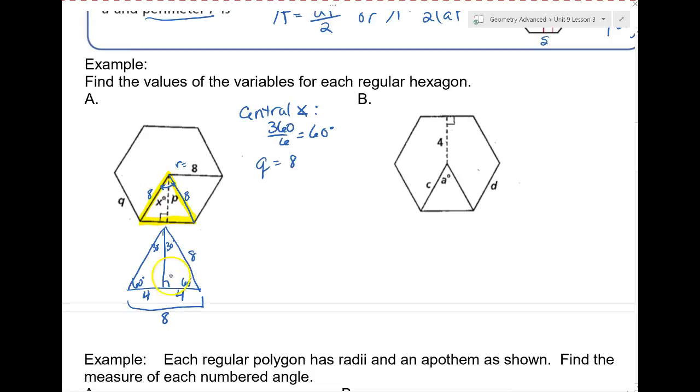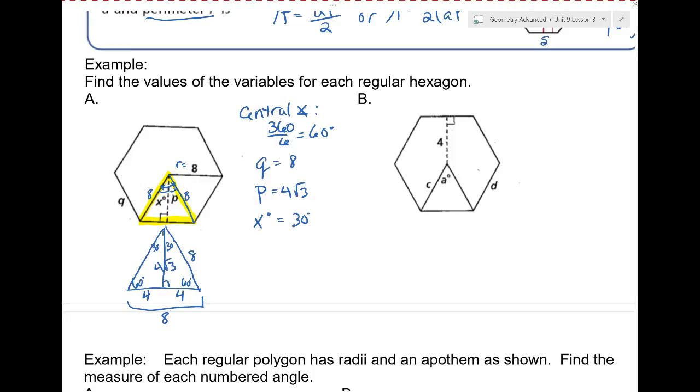All right, I want to get to my apothem. How do I go from short leg to apothem? Multiplied by root 3, so that's 4 root 3. So P is equal to 4 root 3. Guys, what was X degrees here? That was 30, right? Because we knew that we bisected our central angle. You see how a 30, 60, 90 triangle is going to be a key on this one? All right, now let's look at the next one.